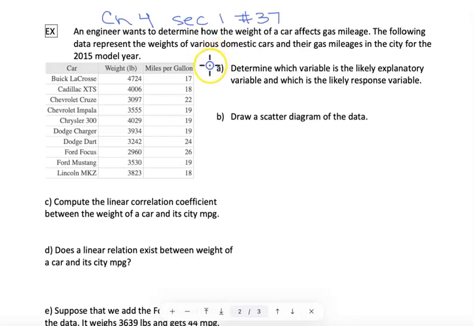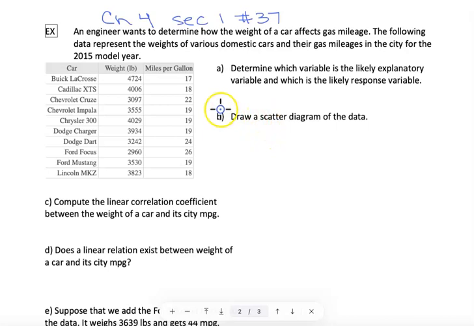The following data represents the weights of various domestic cars and their gas mileages in the city for the 2015 model year. A, determine which variable is likely explanatory and which variable is likely response. So this is what you are asking yourself. You are asking because we're trying to determine independent and dependent.